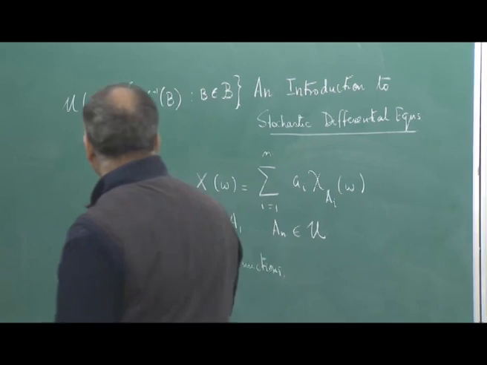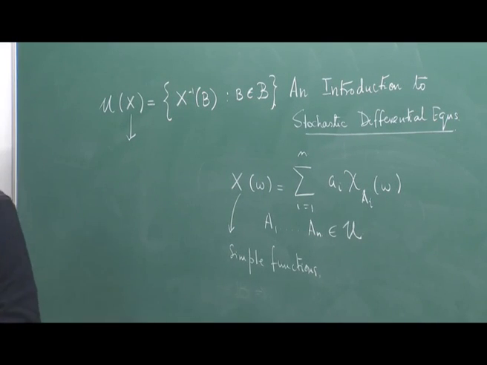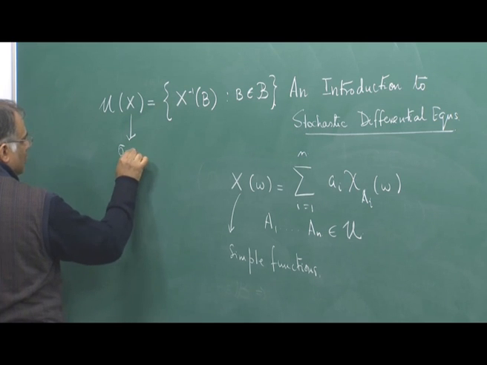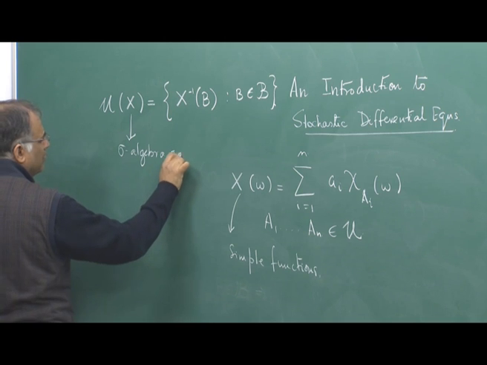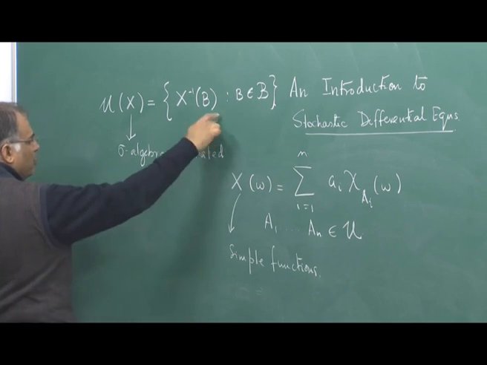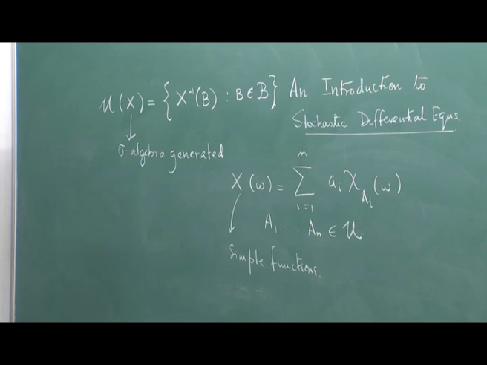So, they are the stuff that is really required when you calculate stuff. So, this is called the sigma algebra generated. I will leave it as an exercise to prove that it is truly a sigma algebra.